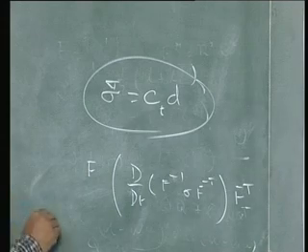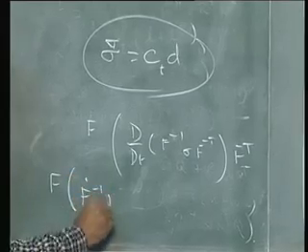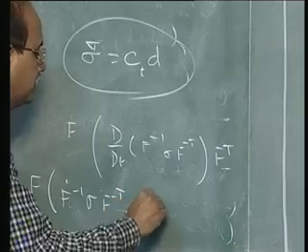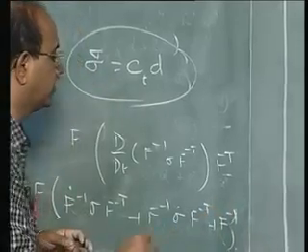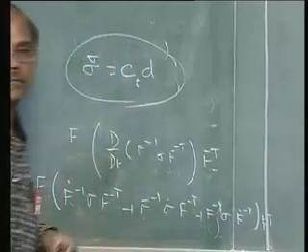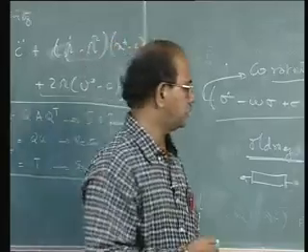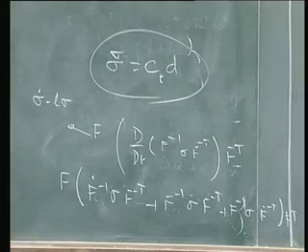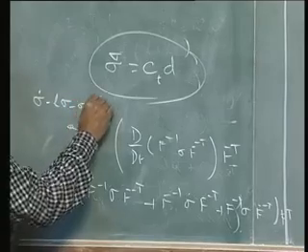You expand that: F inverse transpose dot sigma F inverse sigma F inverse transpose, plus F inverse sigma dot F inverse transpose, plus F inverse sigma F inverse transpose dot F transpose. So you will ultimately see that the Oldroyd rate is written as sigma dot minus L sigma minus sigma L transpose.